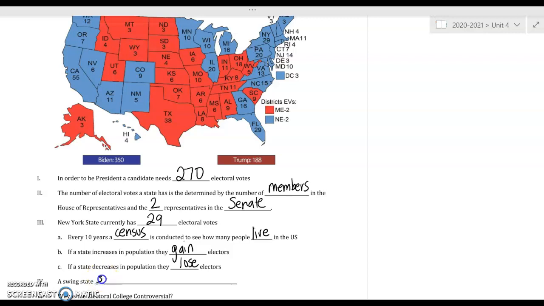So a swing state switches between the Democratic and Republican candidate for president. So in this past election, we were waiting a long time to hear from Georgia, which is a state that swung from usually being red, swung to blue to vote for Biden.